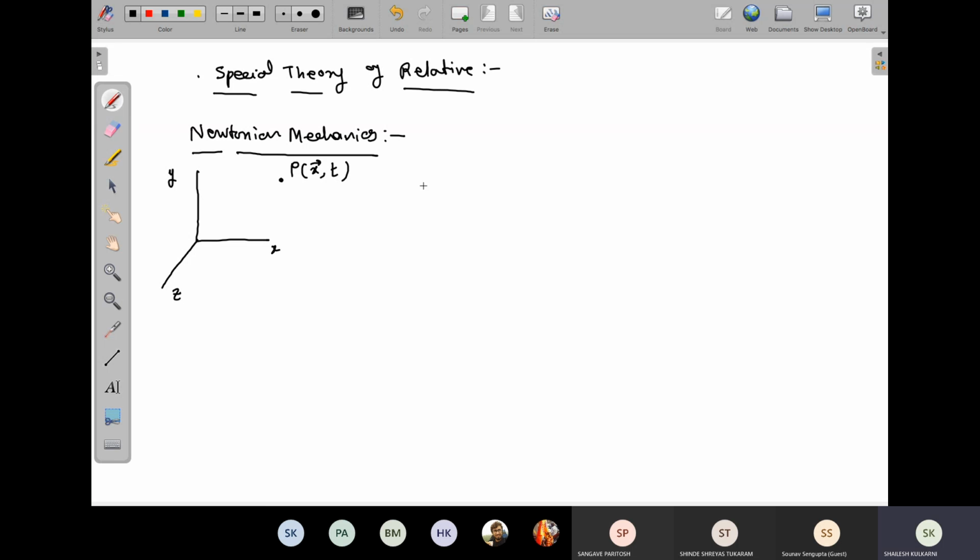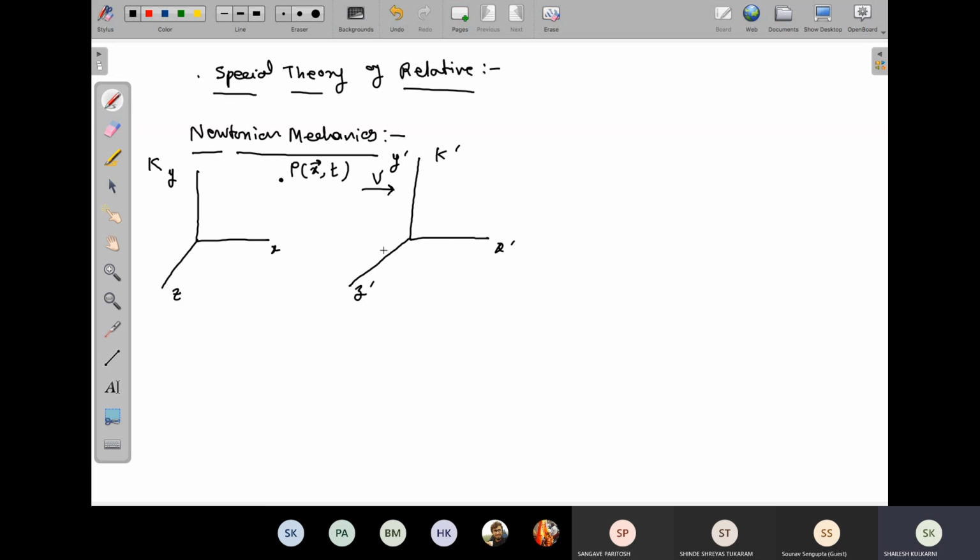Okay. And suppose I have another frame. Suppose this frame is K and this frame is, say, K prime, which is x prime, y prime, and z prime. And this frame is moving with constant velocity v along the x-axis.